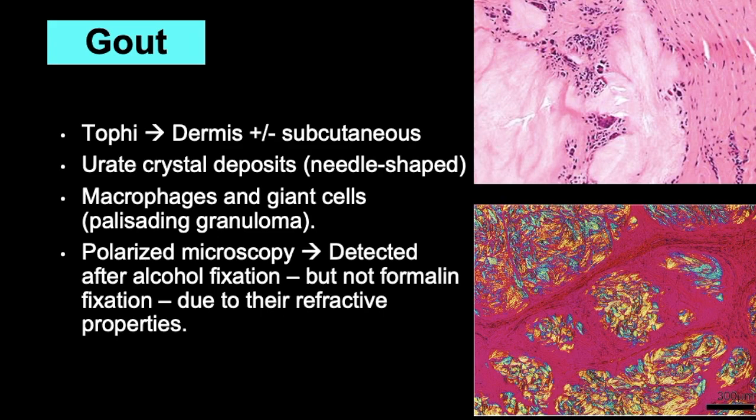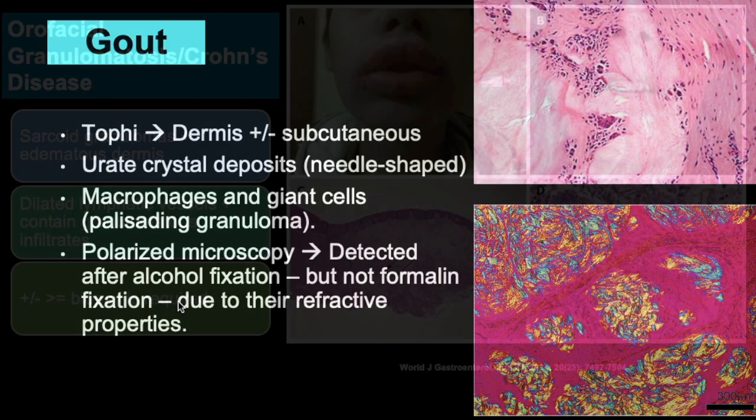One important note you have to keep in mind is when you send those biopsies, don't put them in formalin, because formalin will destroy the crystals. Instead, you have to send them to the lab in alcohol instead of formalin.